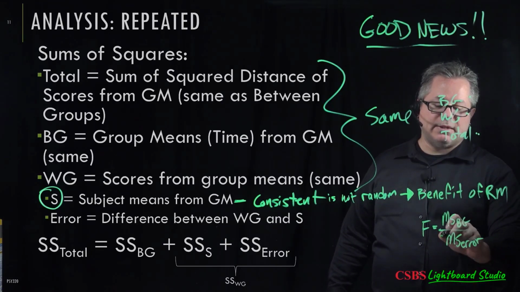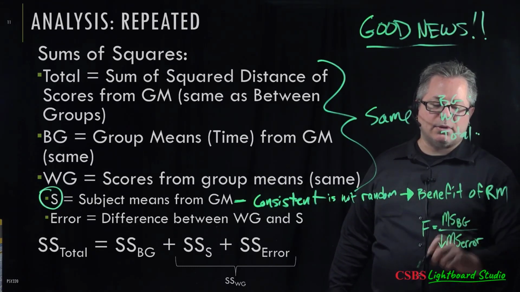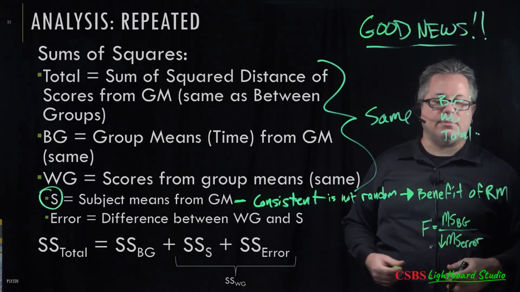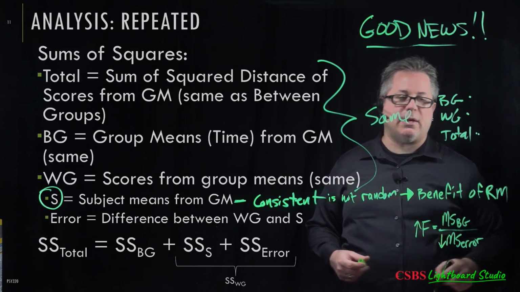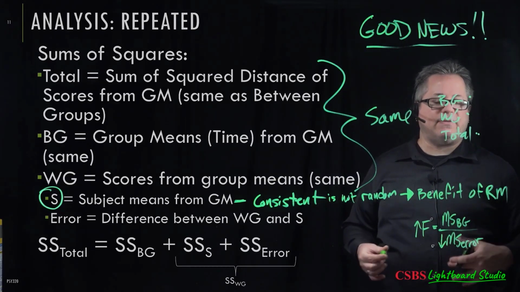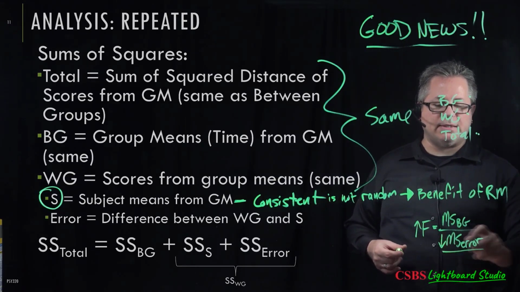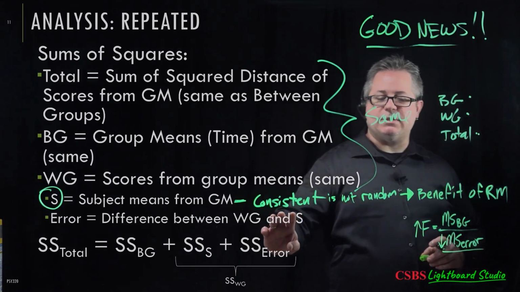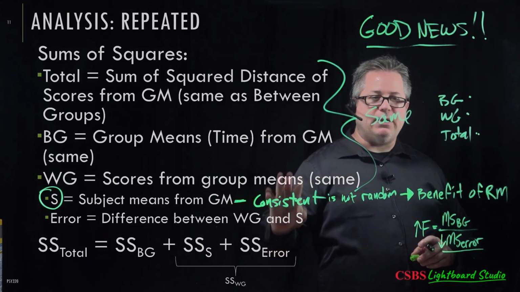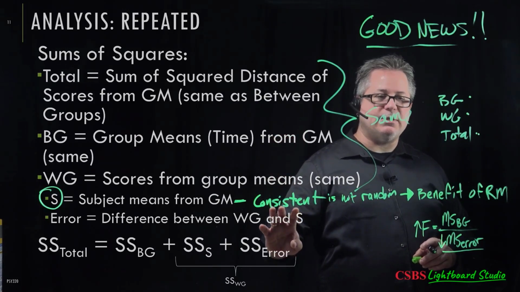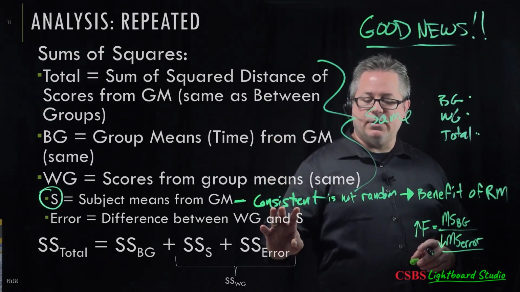And because this is smaller than the previous mean square within groups, it's going to make our F bigger. We're going to have a more powerful F-test because we're able to minimize the error by removing this consistent part out. All right, so we can see what the individual differences are that are consistent across people.